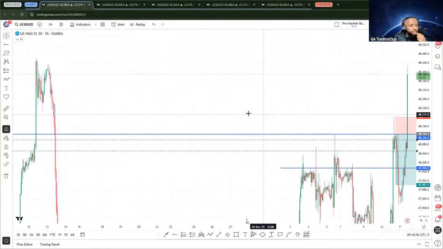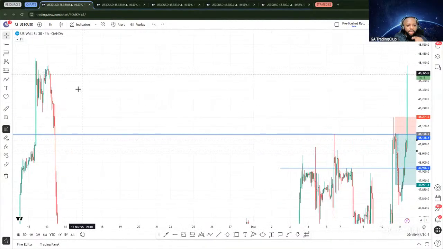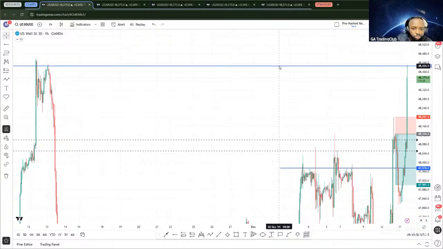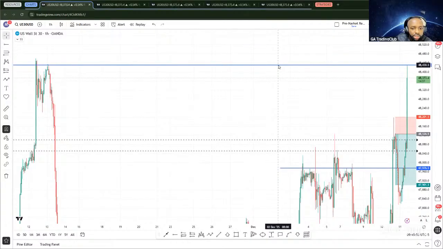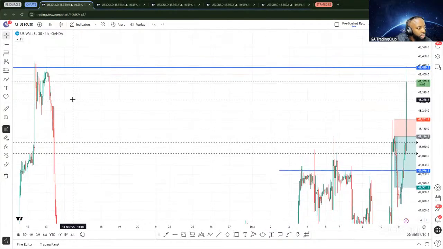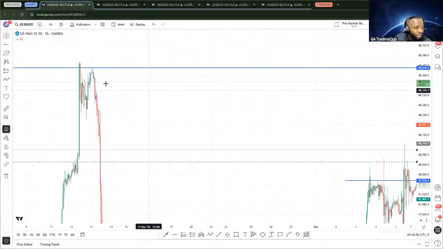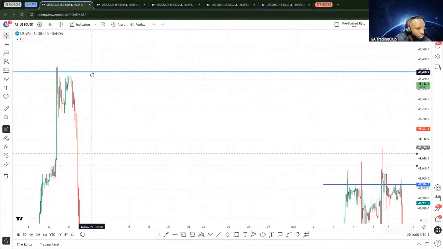All right, so let's see. If this hourly candle closes this way, and I'll show you guys how I'm doing this, you can see there's an intersection between these wicks right here. Typically you look for just one wick. I do see we have multiple wicks here.